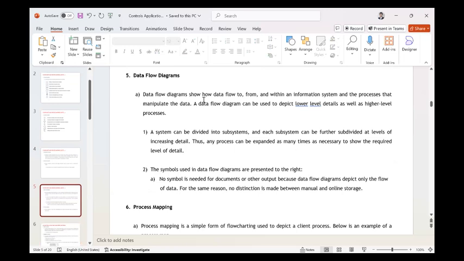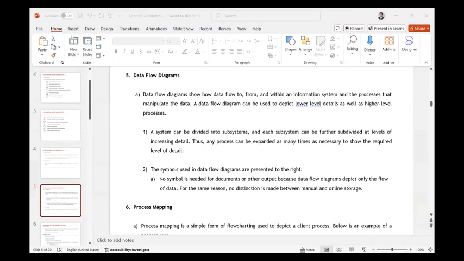A data flow diagram is a diagram where you see how the data flows in a system. It is different from a flow chart, because a data flow diagram basically shows how data flows in a system.